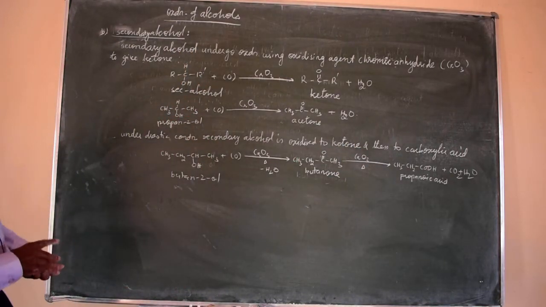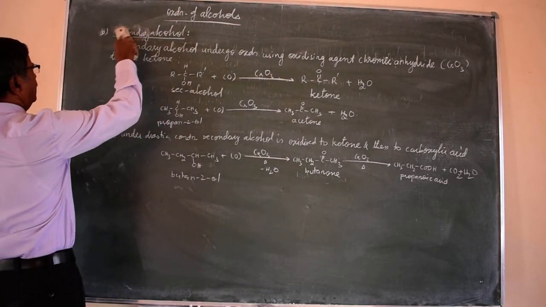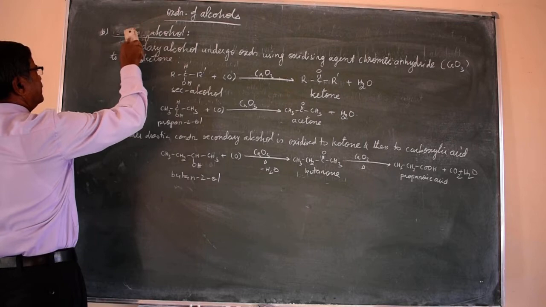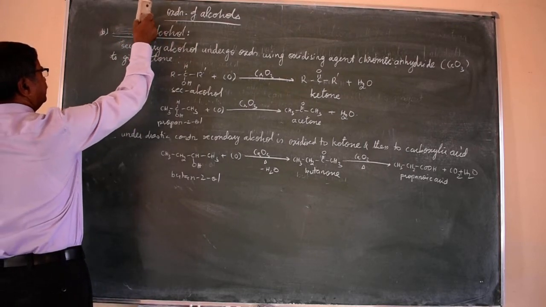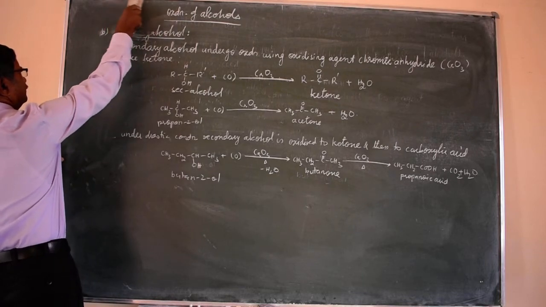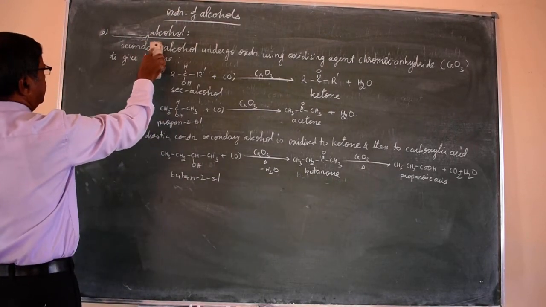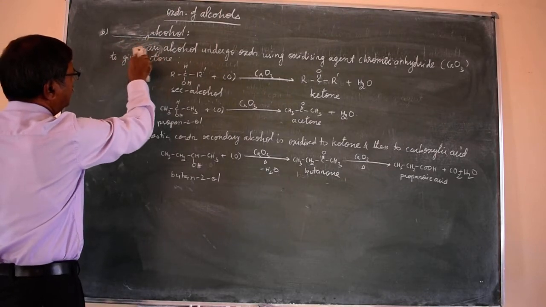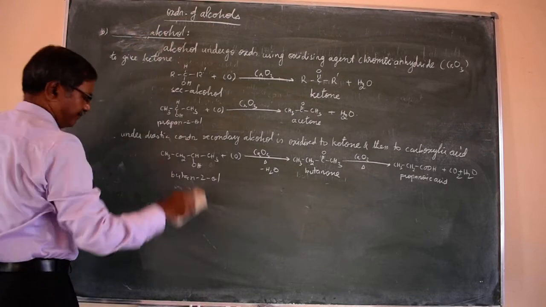This is about secondary alcohol. What about tertiary alcohol? Tertiary alcohol is not easy to oxidize, only under drastic condition by using alkaline KMnO4. It undergoes oxidation to give the ketone, which is further oxidized to carboxylic acid.